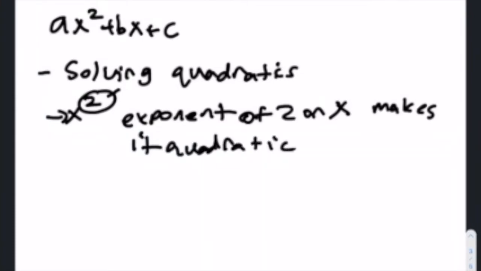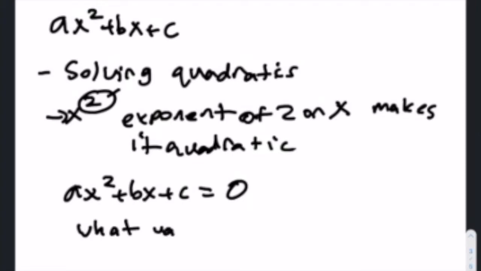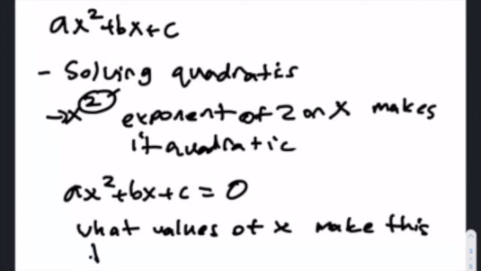So when they say solving, they give you an equation like this, where you know a, b, and c, and they ask what values of x make this true. So really what that means is if you plug in some values of x, it has to equal 0. So let's do a few examples.